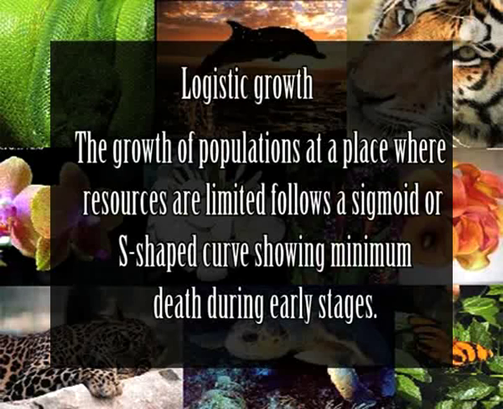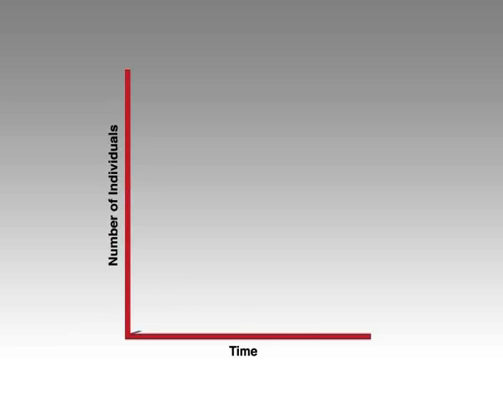The growth of populations at a place where resources are limited follows a sigmoid or S-shaped curve showing minimum death during early stages. This type of growth, that is logistic growth, is characterized by the following stages.